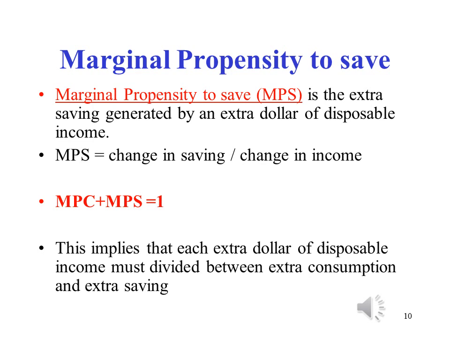Marginal propensity to save. The marginal propensity to save is the extra saving generated by an extra dollar of disposable income. To calculate it, marginal propensity to save equals change in saving divided by change in income.